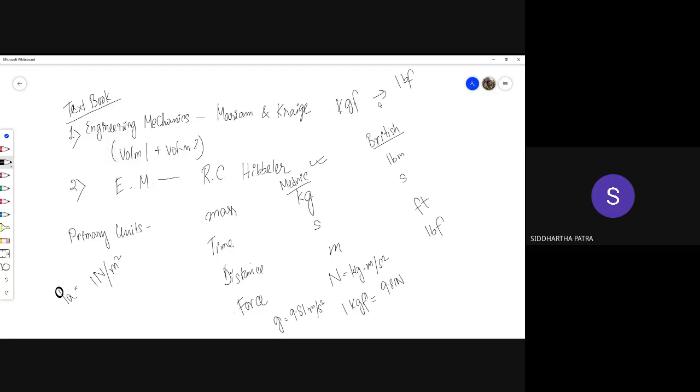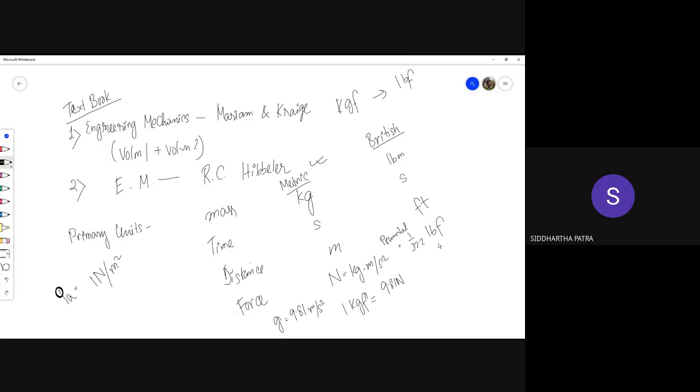It can be written as 9.81 meter per second square or about 32 feet per second square. Just now you mentioned another unit, poundal. That unit is 1/32.2 of lbf. But I'm not asking for the relation between poundal and Newton.